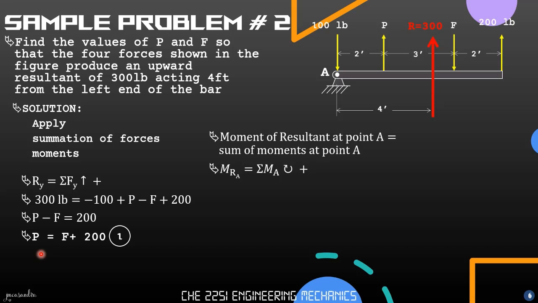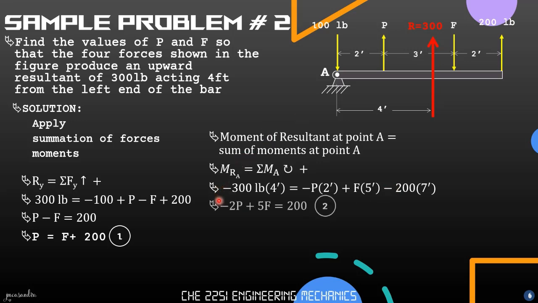In this equation, we will have 300 times 4 equals P times 2 plus F times 5 and 200 times 7. So take note of the sign conventions. P produces a counterclockwise rotation, so does the 200 pounds. That's why its sign convention is negative.